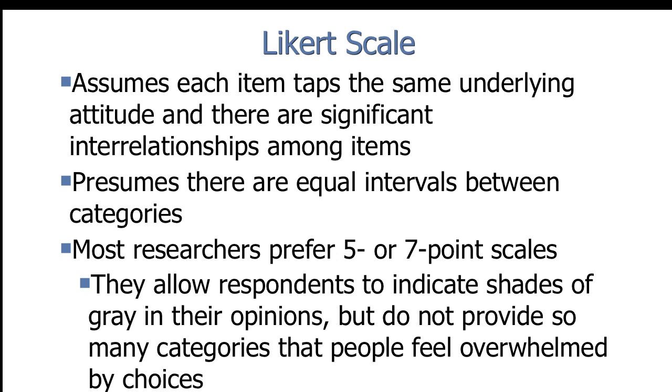The Likert scale assumes each item taps the same underlying attitude and there are significant interrelationships among items. It also presumes that there are equal intervals between categories. Most researchers prefer 5 or 7-point scales. They allow respondents to indicate shades of gray in their opinions, but do not provide so many categories that people feel overwhelmed by the choices.